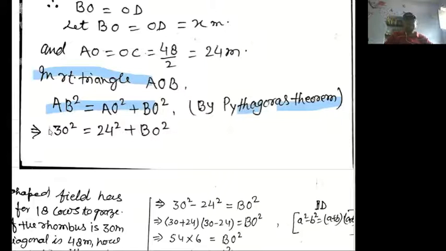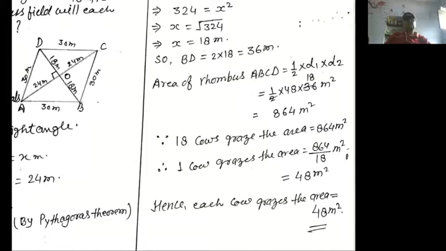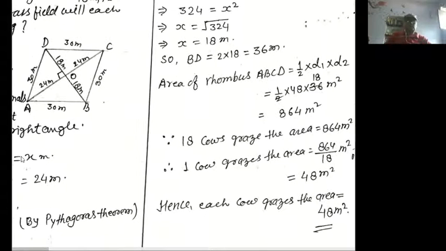Putting the value AB 30. 30 square equal to 24 square plus BO square. Transpose 24 square. 30 square minus 24 square equal to BO square.